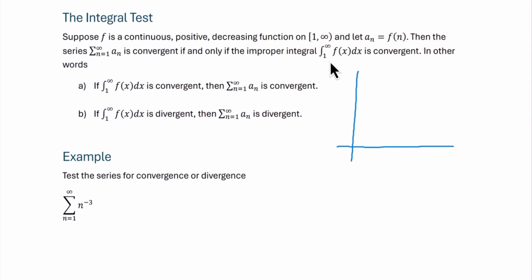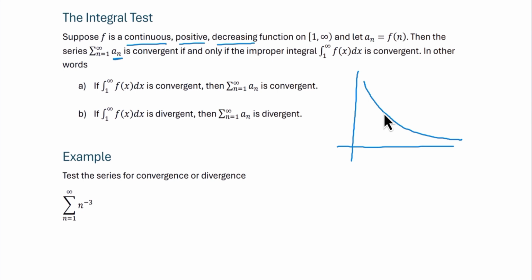First of all, we need a function which is essentially going to be a sub n, the sequence. We want it to be continuous, positive, and decreasing. So we're going to represent that sequence as a positive decreasing function. Think of it as almost like an upper bound to the sequence.